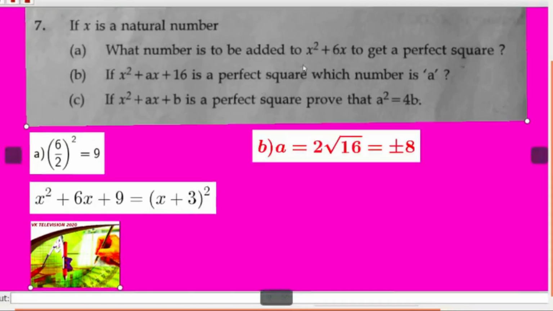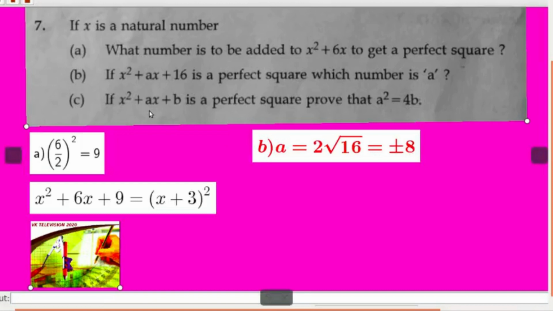So this number 6 is equal to root 9 into 2. Now a is equal to root 16 into 2, that is a is equal to 2 into plus or minus 4, that is equal to plus or minus 8. So answer is plus or minus 8.